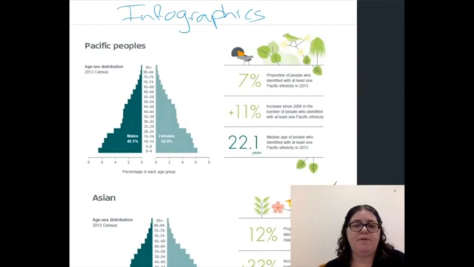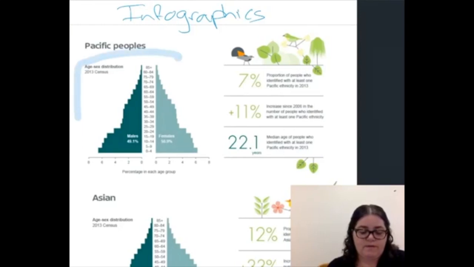For example, what I've got here is a couple of images from Statistics New Zealand. They used them in the 2013 census to display some of the information that they got from their census. Under the Pacifica people here, we've got a graph looking at the age distribution.